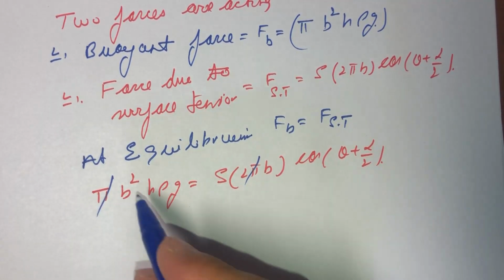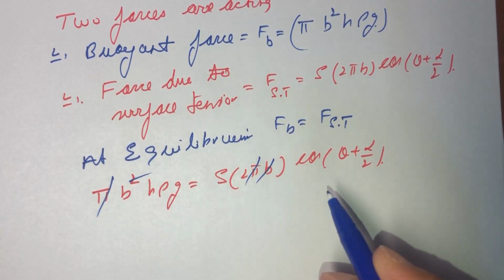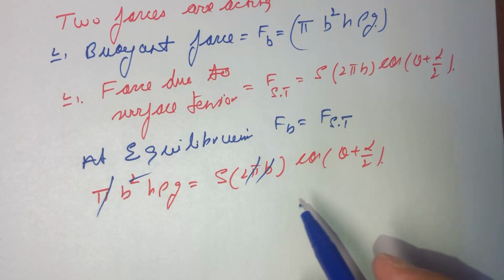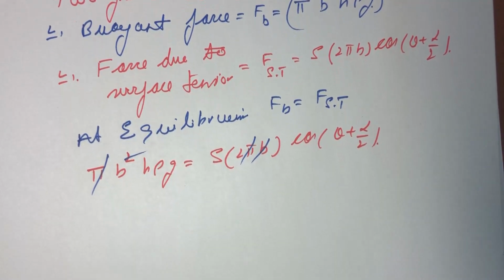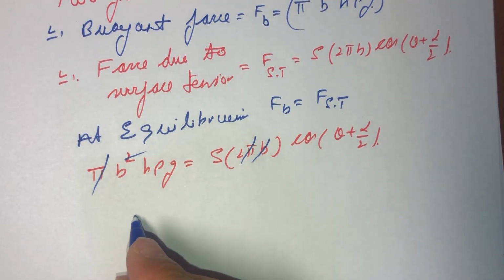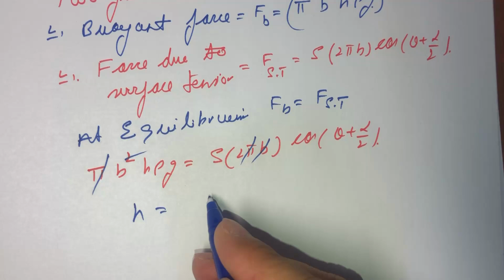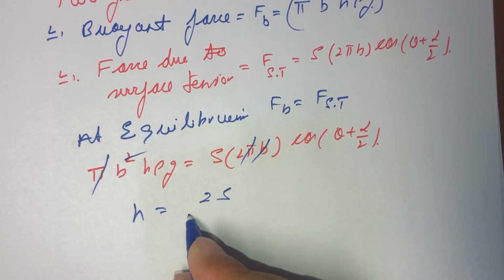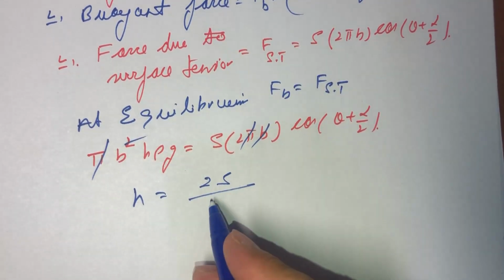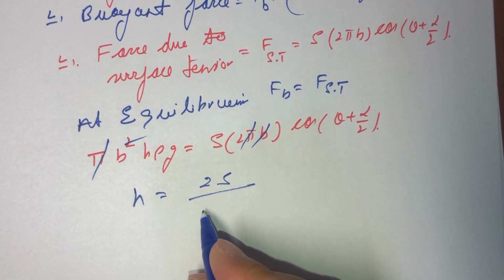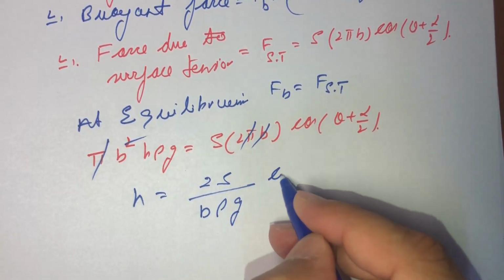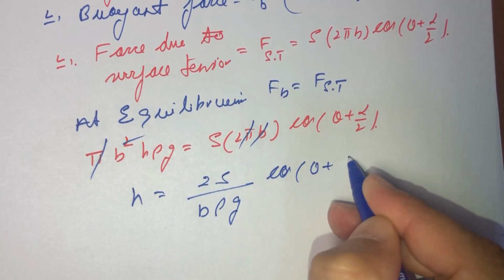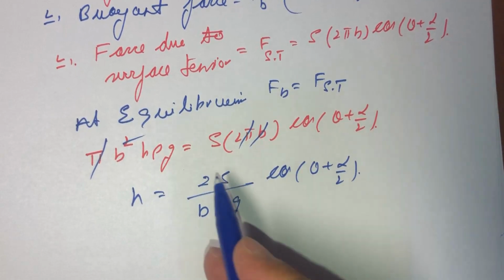Pi cancels with pi, b square cancels with b, and from here we get h equal to 2S divided by b rho g, times cos of theta plus alpha divided by 2.